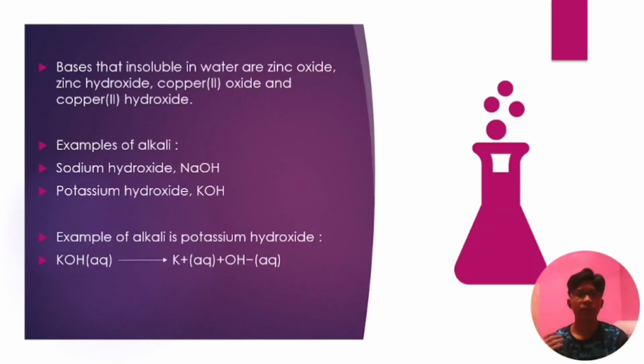Now, take note that bases that are insoluble in water are tin oxide, zinc hydroxide, copper(II) oxide, and copper(II) hydroxide. So, what is the example of alkali? The example of alkali is potassium hydroxide and sodium hydroxide.